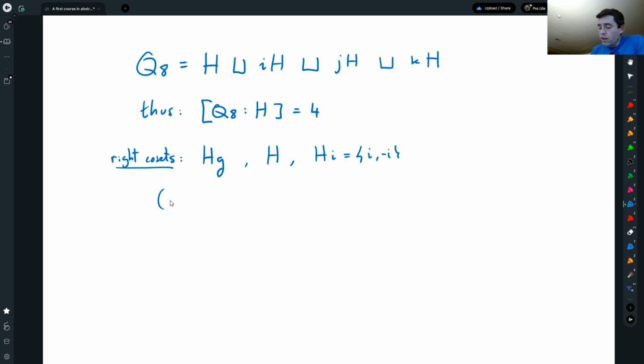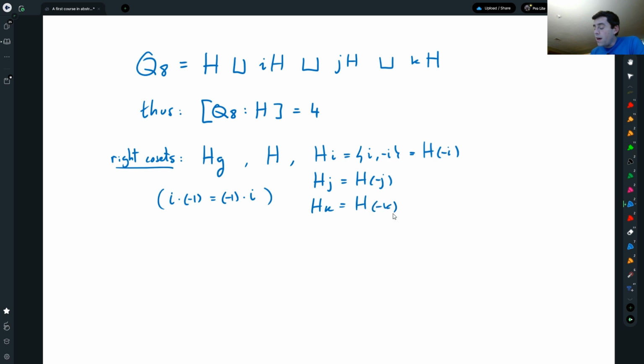So what I'm using is the fact that I times, say, minus 1 is the same as minus 1 times I. The multiplication by minus 1 commutes with I. So I get the same as H minus I, and then I will also have Hj is the same as H minus J, and Hk is the same as H minus K. And importantly for us is the fact that these are also the same as the left cosets.